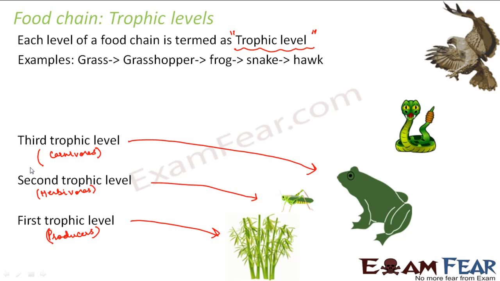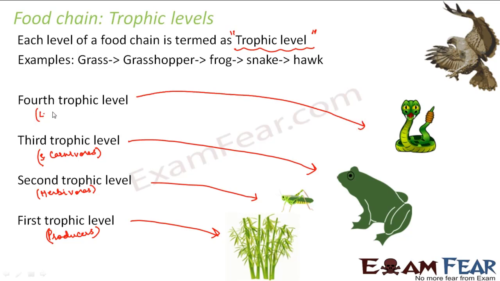So you have different names now. These are maybe the small carnivores. Then comes the fourth trophic level, which is nothing but the snakes. We can say they are little larger carnivores. And then comes the hawk, which is the fifth trophic level, right?